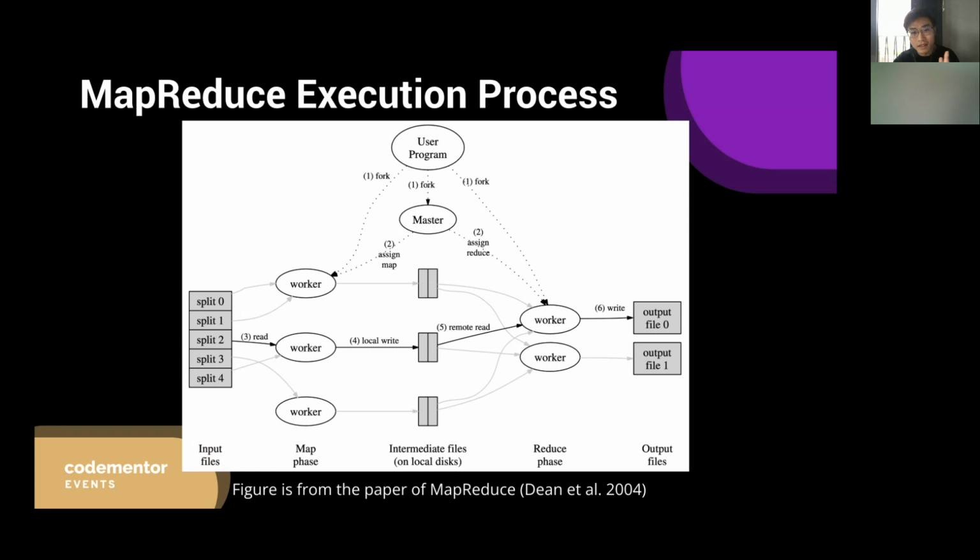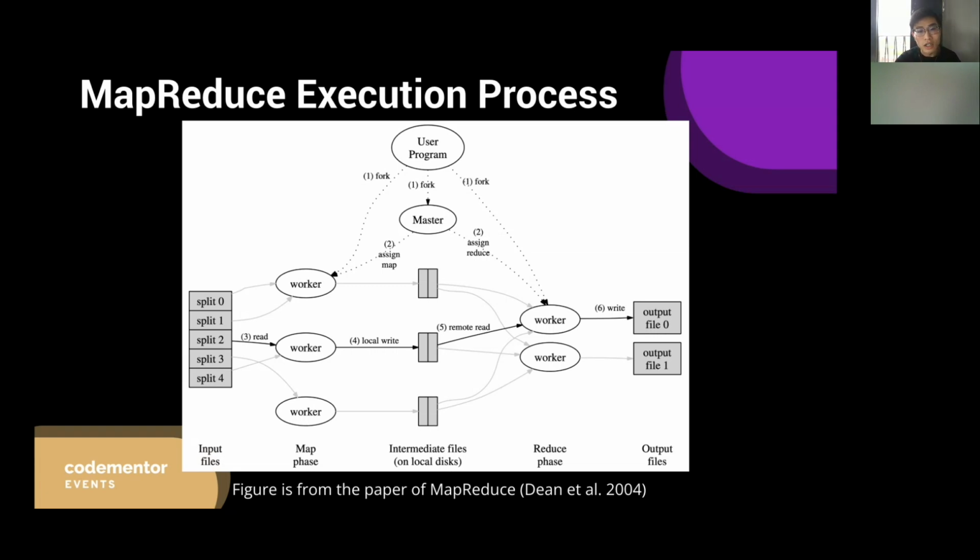Step 1, the user program starts the controller and workers. Second step, the controller assigns the task to the map worker and the reduce worker. Basically, assign the map and reduce functions.